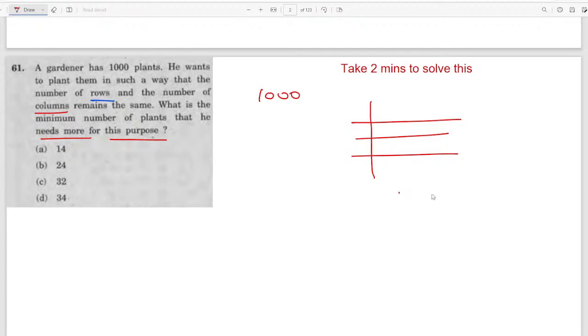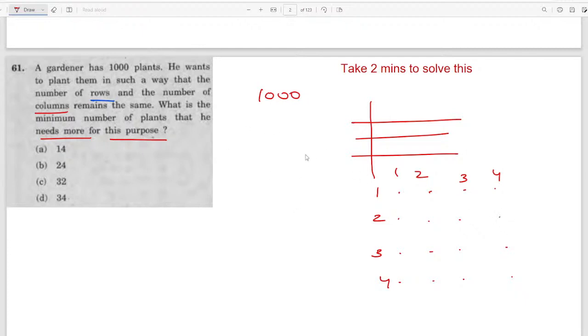He has to plant it like this. For example, if the number of columns is 4, they want the number of rows also to be 4. So 1, 2, 3, 4, and 1, 2, 3, 4. Like this, if the gardener has to plant the plants, they are asking if there are 1,000 plants, how many more plants does he require to complete the pattern?